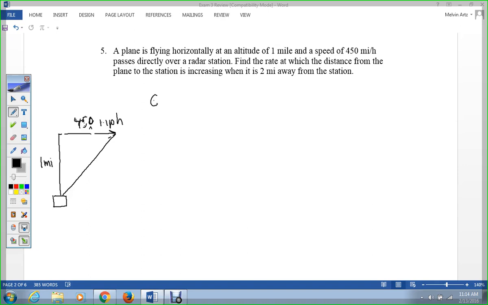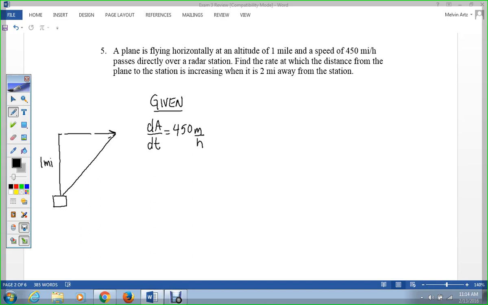So what we have been given, the given information, is that the speed of the plane, dA dt, I'll say, is 450 miles per hour. So in our diagram, A would be the position of the plane, because dA dt is a velocity.